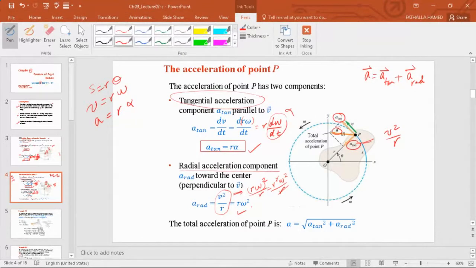So for every point on this body, as the body rotates, there is an acceleration at that point, and that acceleration comes from the tangential acceleration, which changes the magnitude of your velocity or speed, and the radial acceleration, which changes the direction. Now, as a vector here, if I want to get the magnitude, since a tangential and a radial are perpendicular to each other, you can take this as tangential, this is radial, so this is the hypotenuse here.